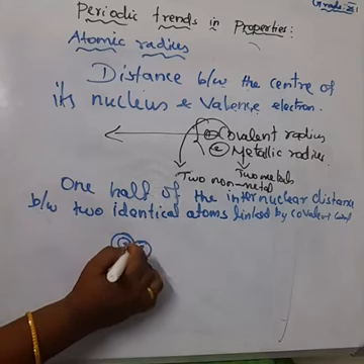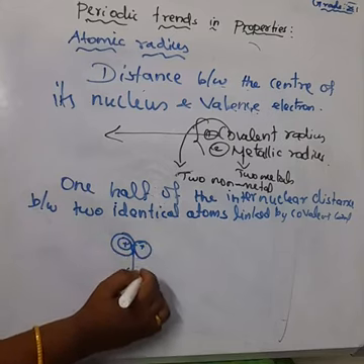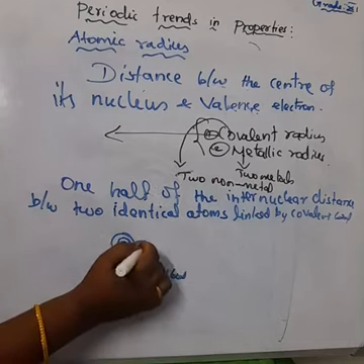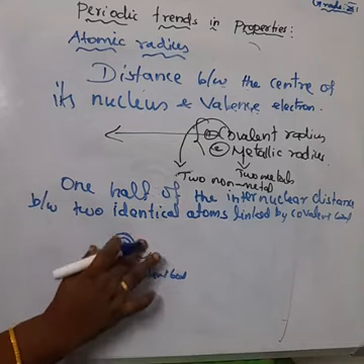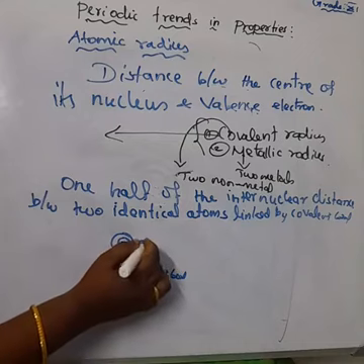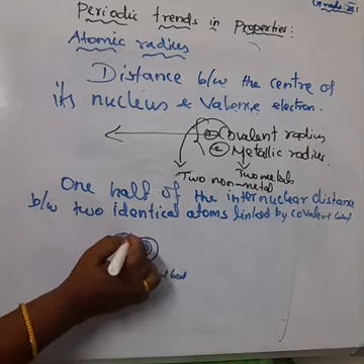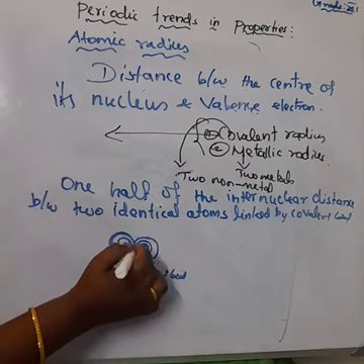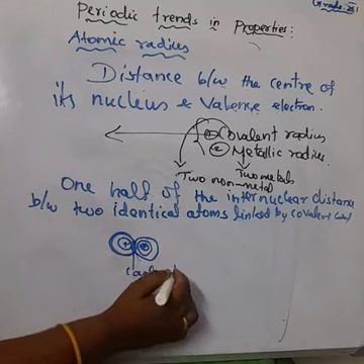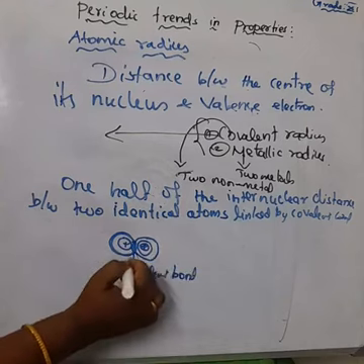This is one chlorine atom, and this is another chlorine atom. These two atoms are combined by a covalent bond.